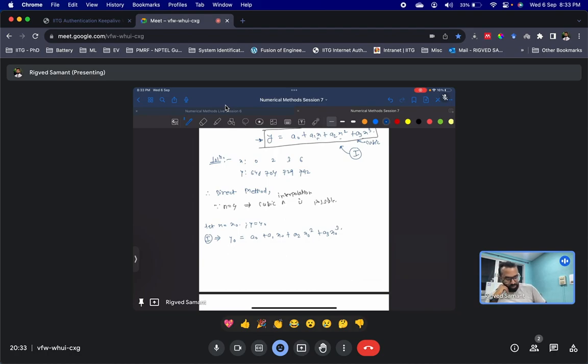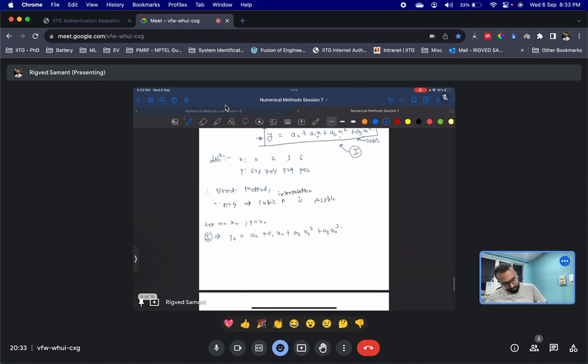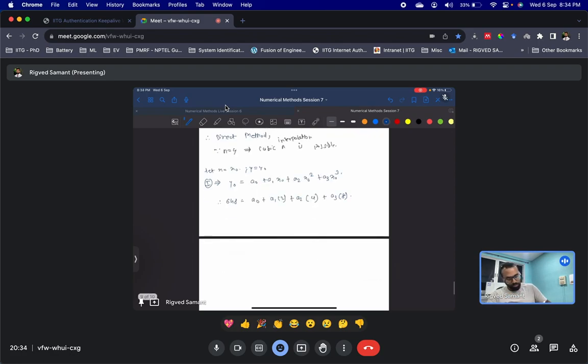You have the y naught value and the x naught value. Sorry, y naught is 648. Therefore, 648 is equal to a naught plus a1 into x naught, which is 2, plus a2 x naught square, which is 4, plus a3 into 2 cube, which is 8. So you got one equation.